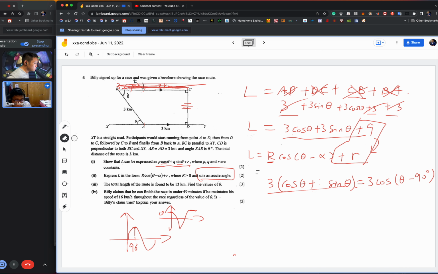Okay? To prove that they are equal is very simple. You open this up. Cosine 90, can you help me punch your calculator? Cosine 90 is how much? Cosine 90 is 0. Then I have plus sine theta. Oh yeah, it's wrong. It's not 90. So how?